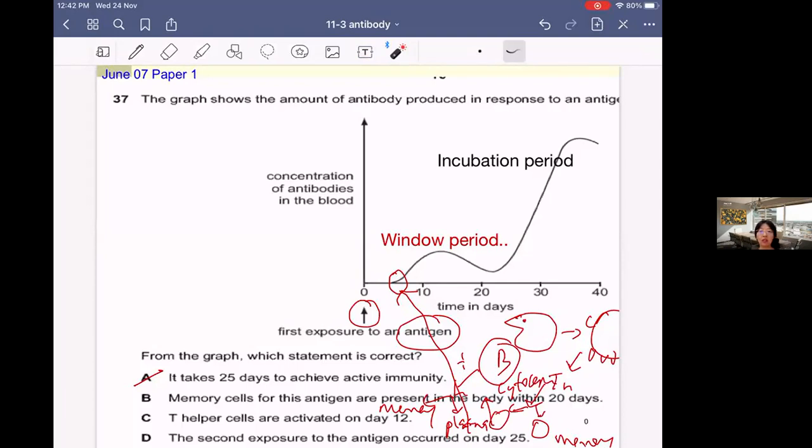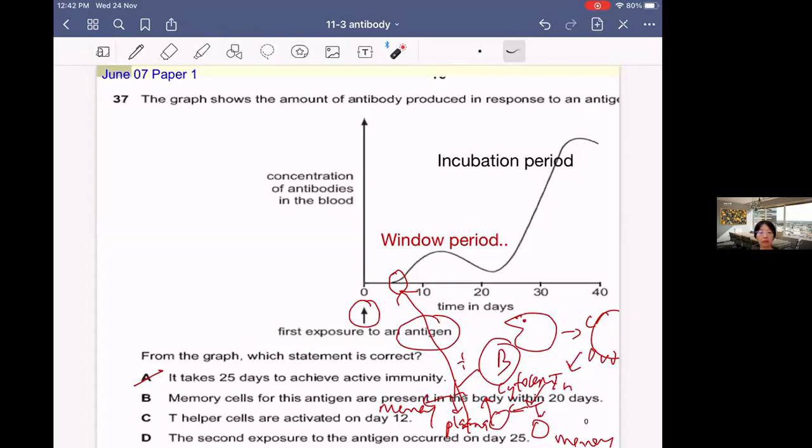When you learn infectious disease, one whole week, you definitely come across this word incubation period. When you come across a word and you don't understand it, find out the definition. So what is incubation period? Someone says: isn't it the period until you see the symptoms from when you're infected?